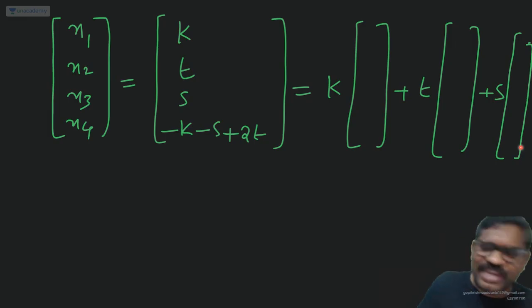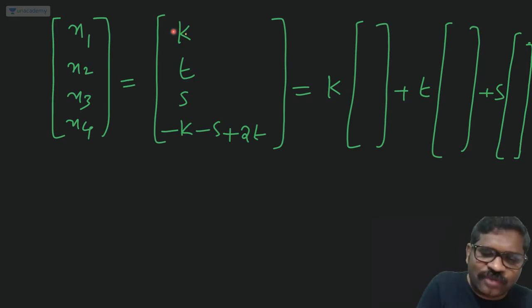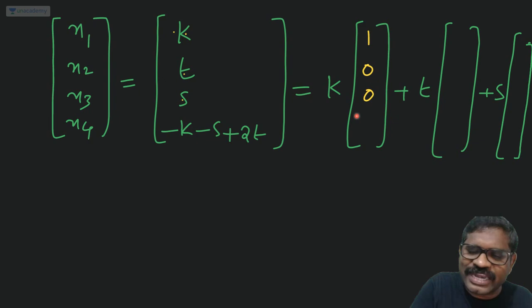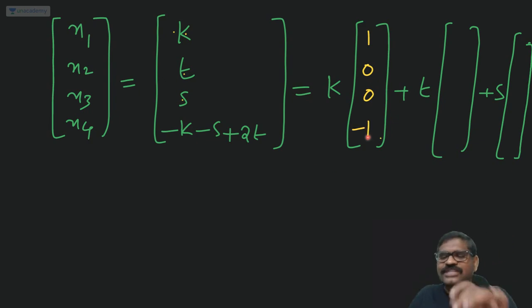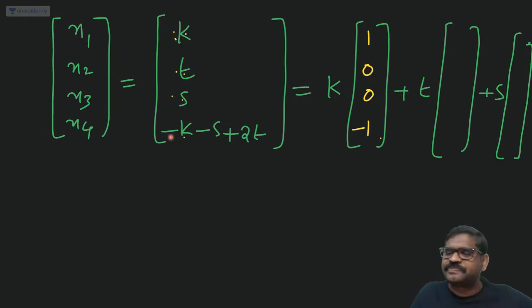Observe the first variable, k. What is the coefficient of k? 1. Second variable, do you have k? No. 0. Next 0. Next minus 1. Do you understand this step or not? Nothing I have done; I have written the coefficients of k: 1, 0, 0, minus 1.